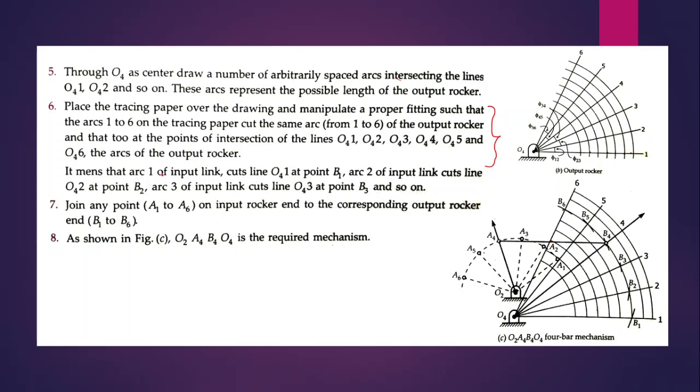It means that arc 1 of the input link cuts line O41 at point B1. Arc 2 of the input link cuts line O42 at B2. Arc 3 of the input link cuts line O43 at B3, and so on.